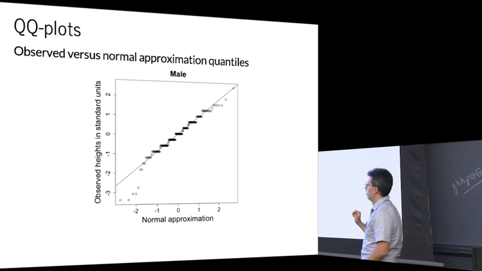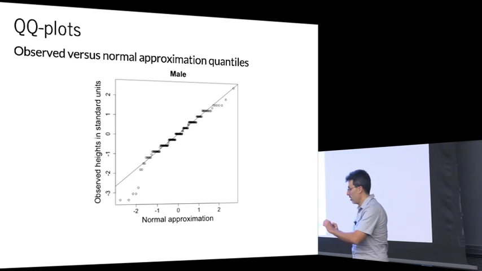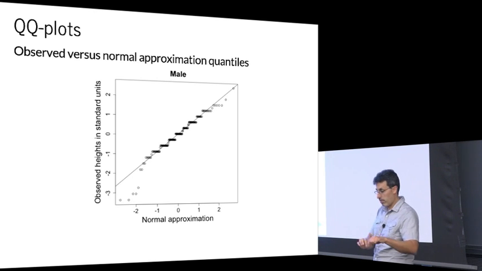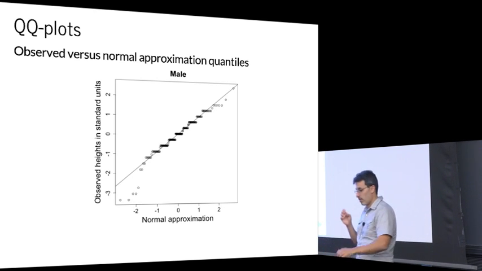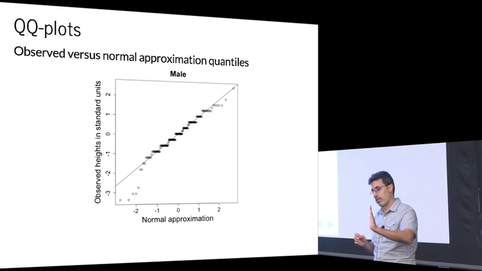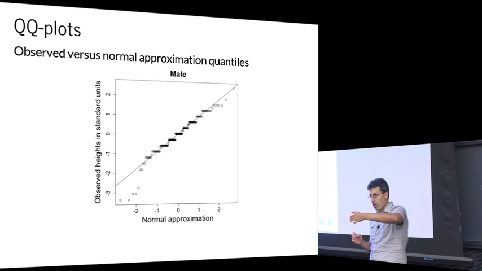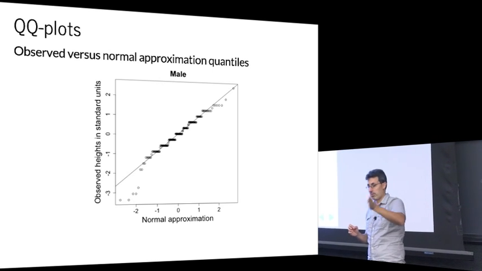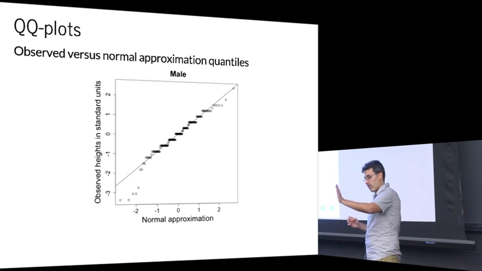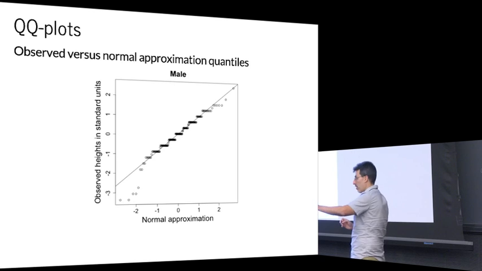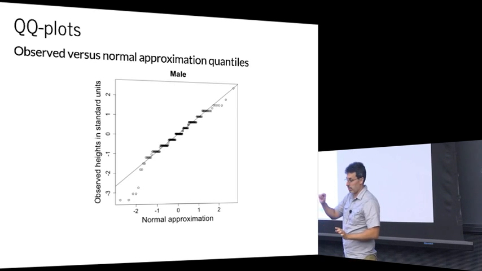So what we do is we compute for each percentile, 1%, 2%, 3%. We say, in our class, what was the number for which 1% of people were shorter than that? What was the number for which 2% was? 3%. We do it for every percent. So we get 2 numbers, one from our class and one from the normal approximation.